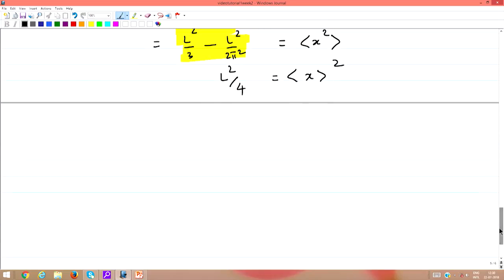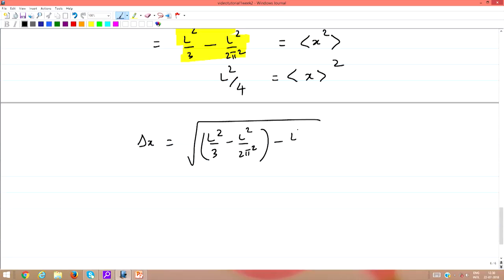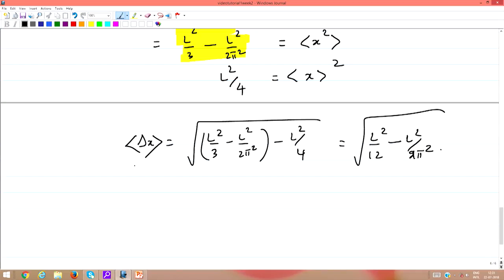Therefore, you see delta x is the square root of L square by 3 minus L square by 2 pi square minus L square by 4, which gives you the square root of L square by 12 minus L square by 2 pi square. Okay. Square root, this is delta x.